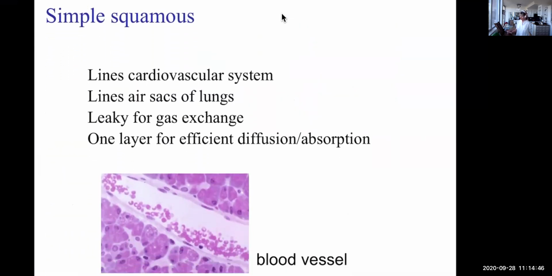Simple squamous. Where do you find it? Lining the cardiovascular system, lines the air sacs of the lungs. They're leaky for gas exchange, very efficient diffusion and absorption.